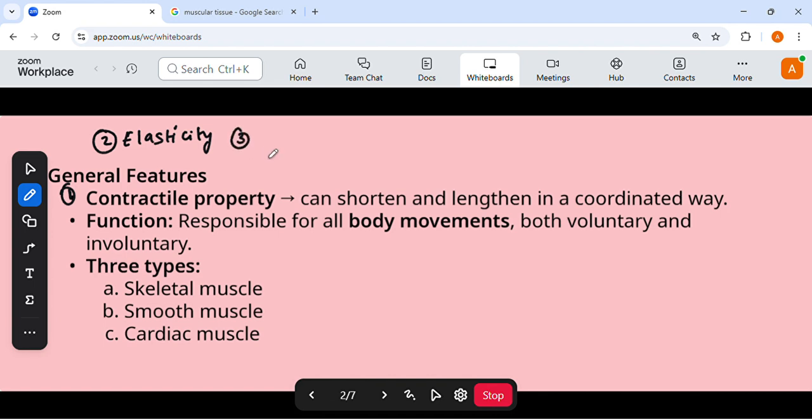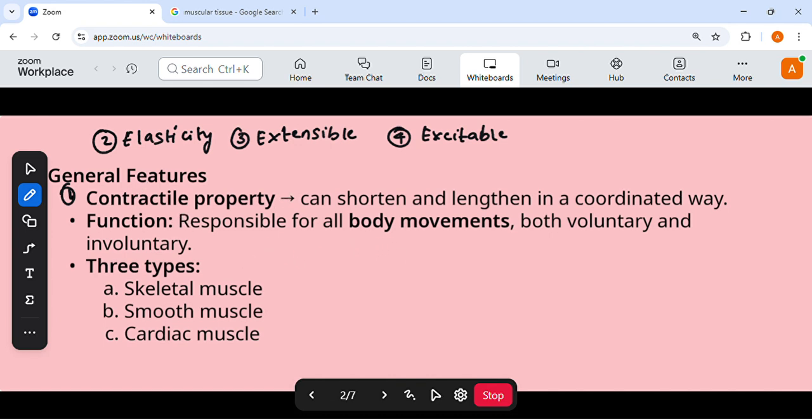Then it is extensible, it can be pulled, we can stretch it. And the fourth one is excitable, means it can respond to the impulses, to the stimuli. These are the properties of muscle.